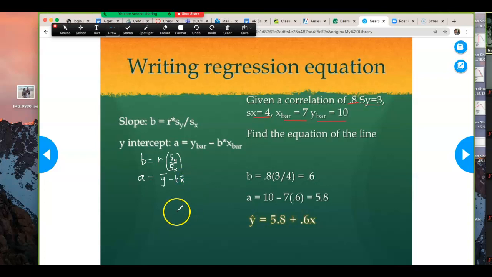So I'm going to find the equation of the line for the manatee data using this. Here's the equation given these statistics. So the manatee data, R was 0.937.